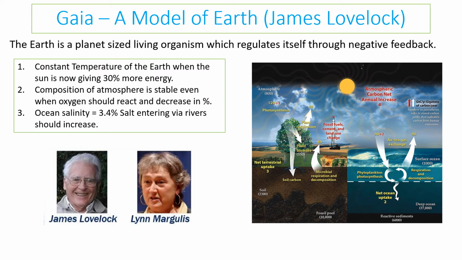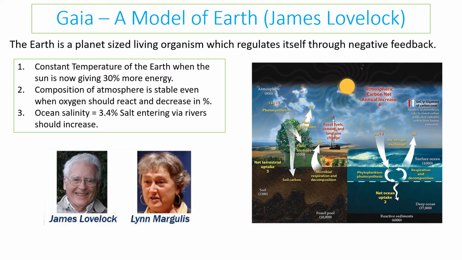The Earth's temperature stayed constant even though the sun is giving more energy out than it used to. The composition of the atmosphere is stable even when oxygen should technically react with all the other elements and decrease, but it doesn't.